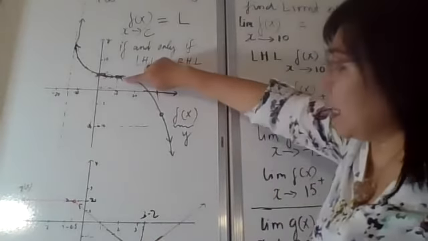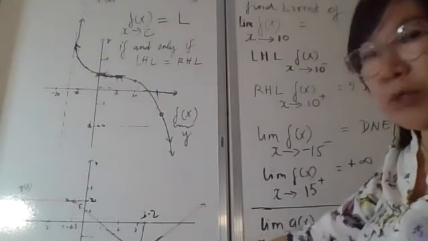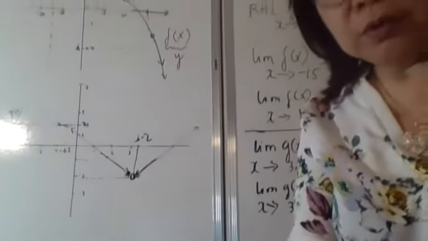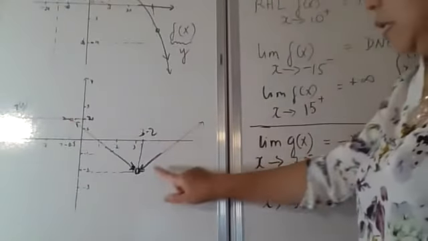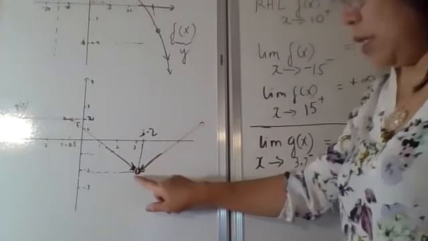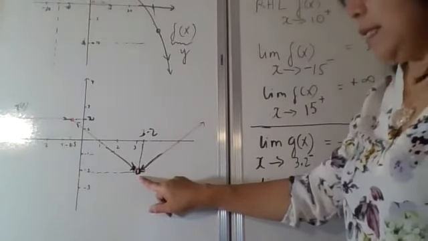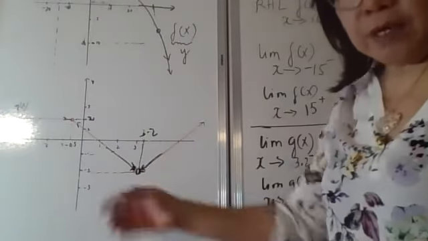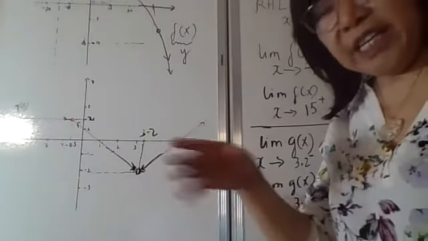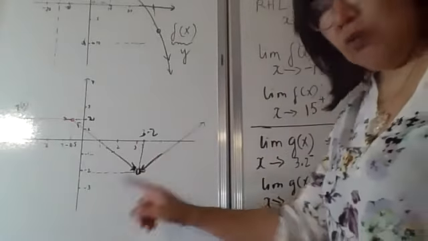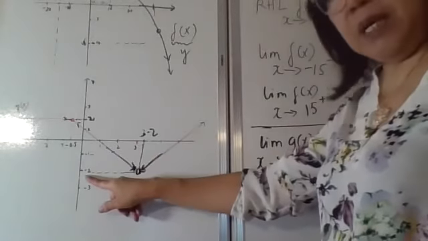Therefore, regardless of the darkened point or the empty circle here, at this hole the value of y is still like minus 1.9999, so almost minus 2.